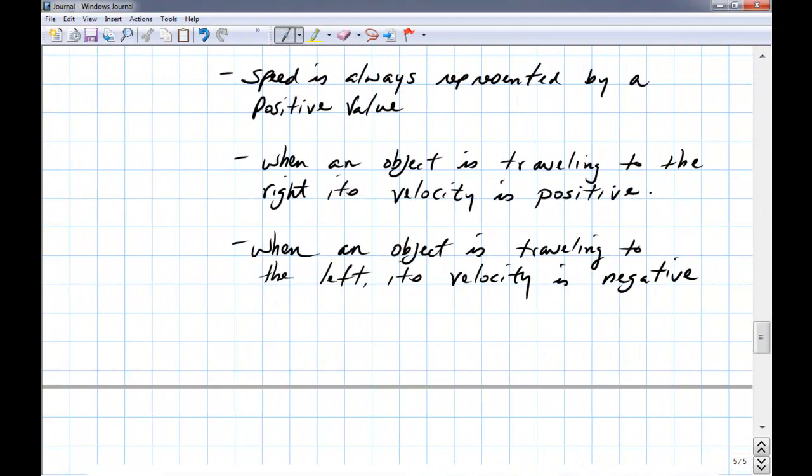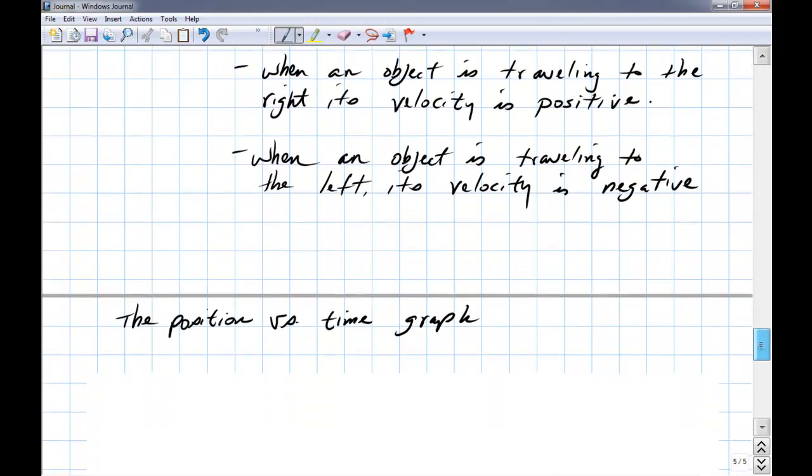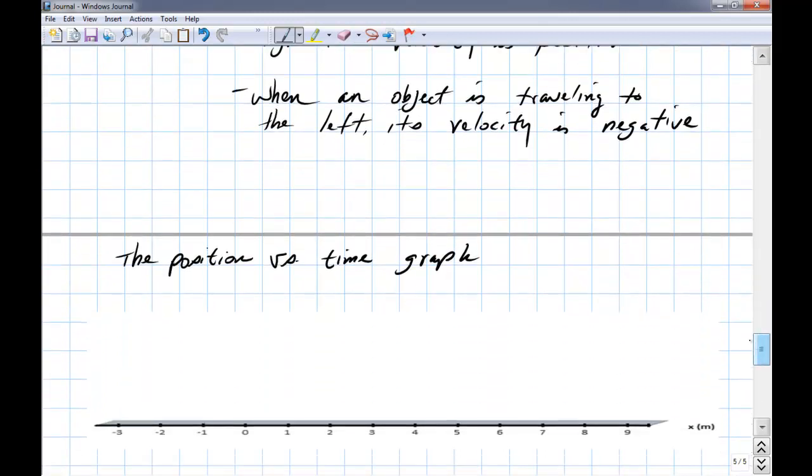We will now introduce the position versus time graph. The process begins by utilizing the masking tape that we introduced earlier. For this example, we'll assume that the person starts their travels at an initial position of x equals -2.